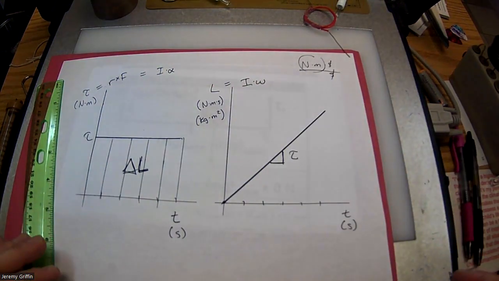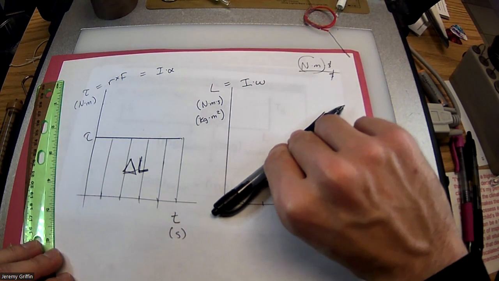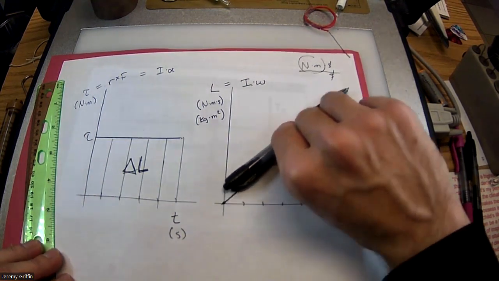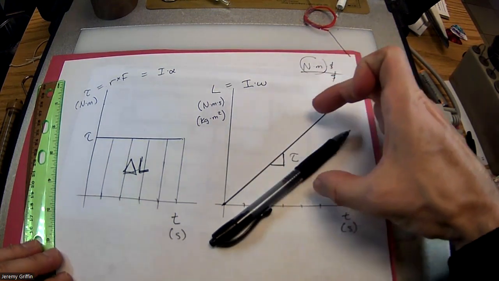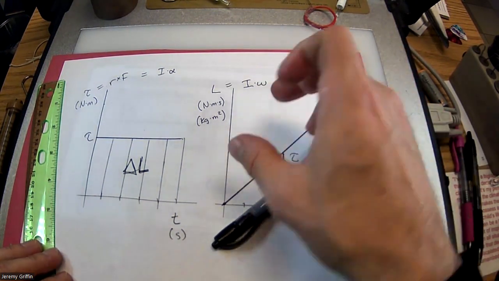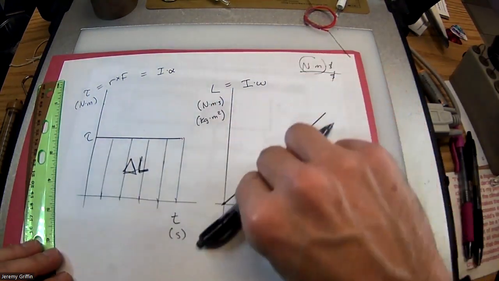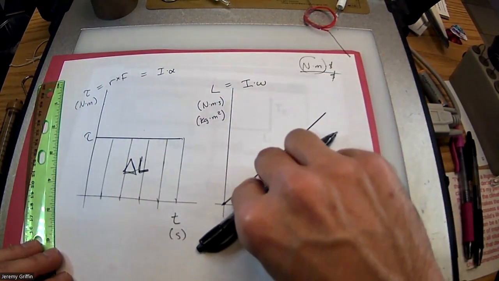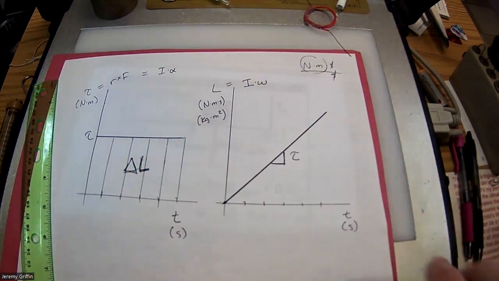You're changing angular momentum, which makes sense. Even if you shifted this line down or up, say it had a different initial starting value, the vertical change would still be the same. I could move the angular momentum line up or down, and the torque graph would still look the same. Guys get that?